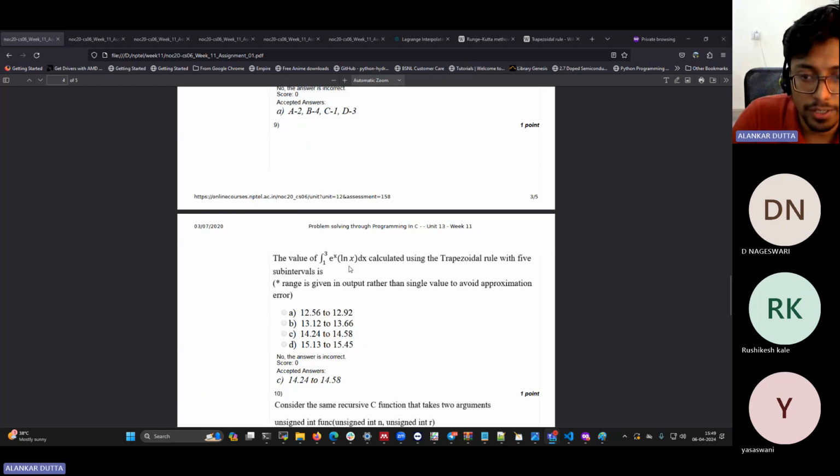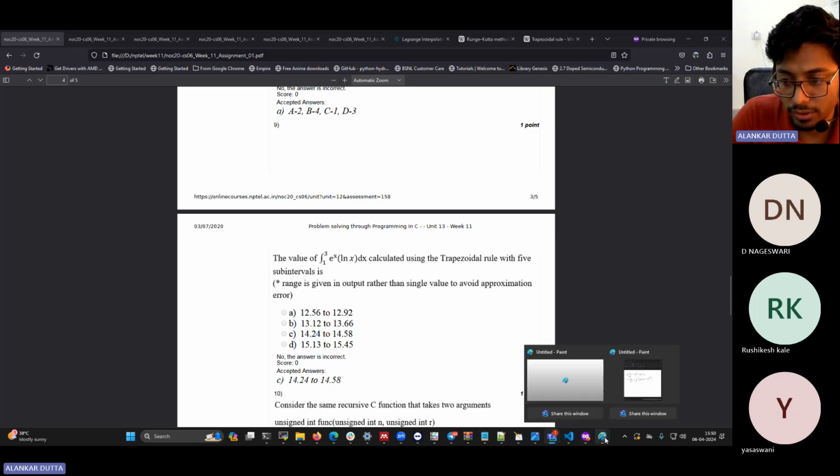Okay, so now let's look at the next question, where you have been asked to find out the value of this function using trapezoidal integration, where we want to divide the region into intervals of 5. So let's code the trapezoidal integration up, and then we will be using 5 intervals for finding out the value of the function, right?